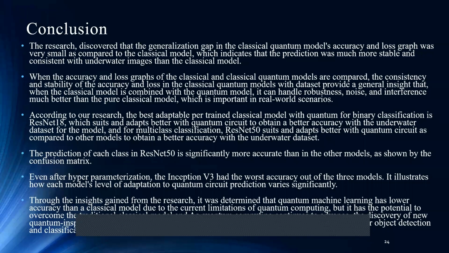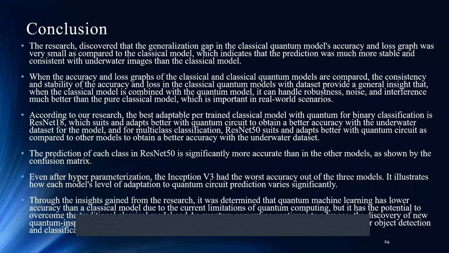For the conclusion, we can say that the generalization gap between the classical model and the classical quantum model's accuracy and loss graphs was comparatively very small because of its capability to handle robustness and noise interference in the images. So we could say that the classical quantum model is the most adaptable model for underwater images.